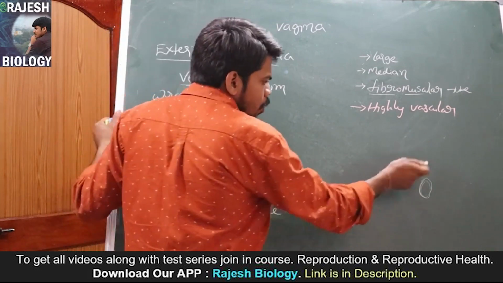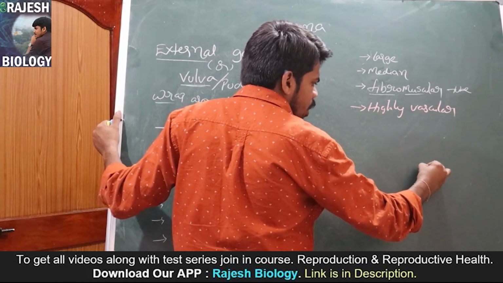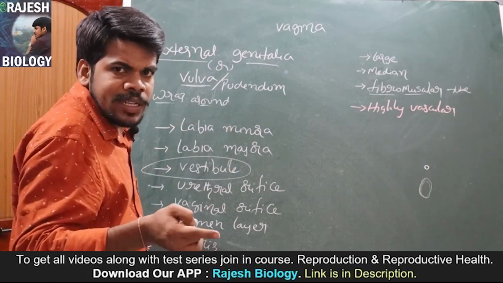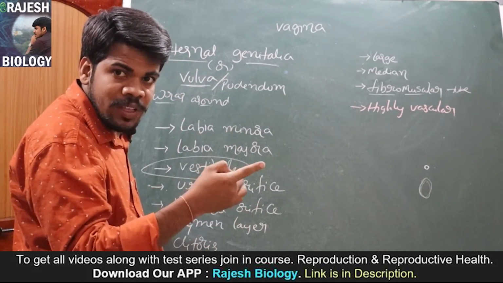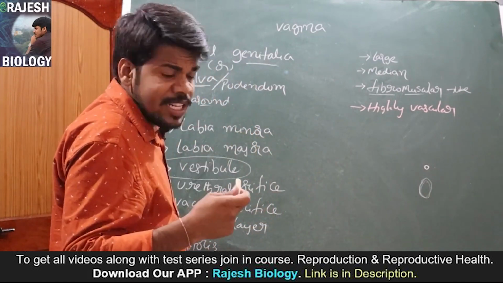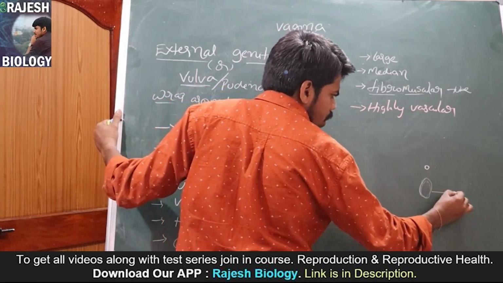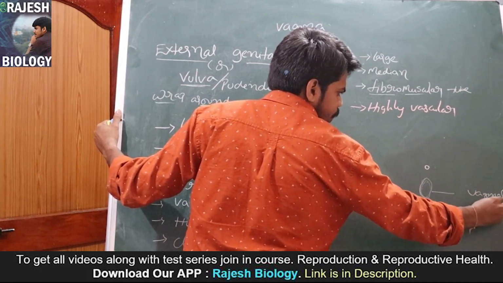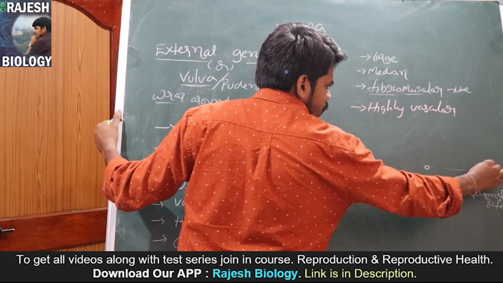I already told you, the uterus is present between the urinary bladder and the rectum. The uterus opens into the vagina, and the vagina opens out through the vaginal orifice. Above the vaginal orifice, there is the urethral orifice.